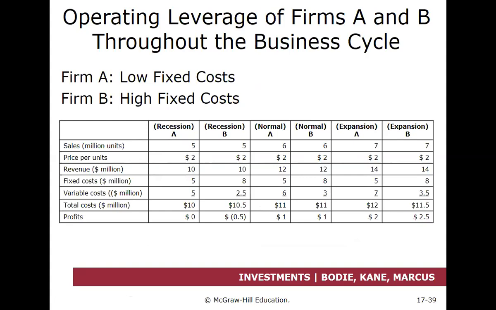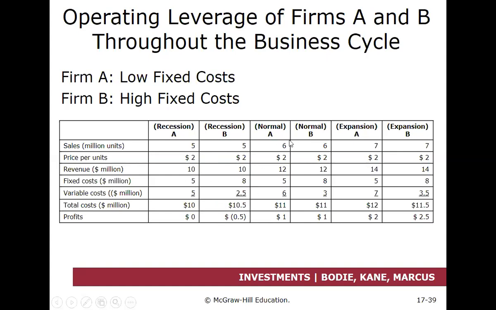Fixed cost is 5 for company A and 8 for company B. The variable cost is high for firm A and low for firm B. Then the total cost is 10 for firm A, and the total cost in the recession for firm B is 10.5. So the profit is 0.5 for company B, which is higher than company A.